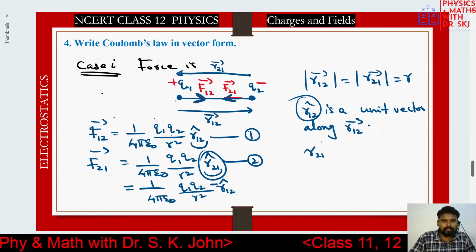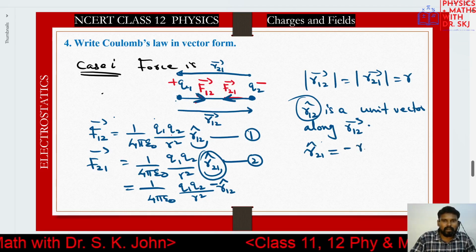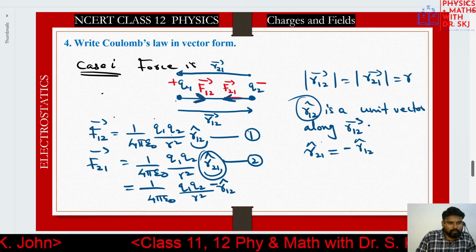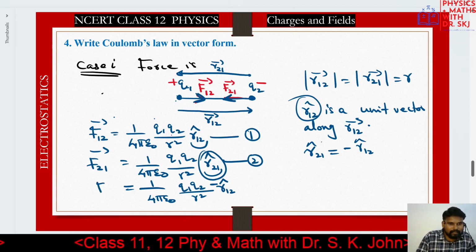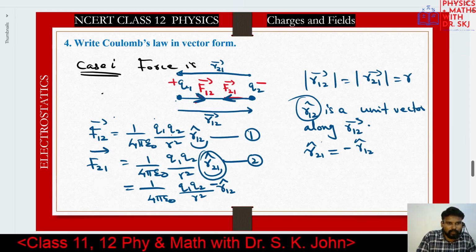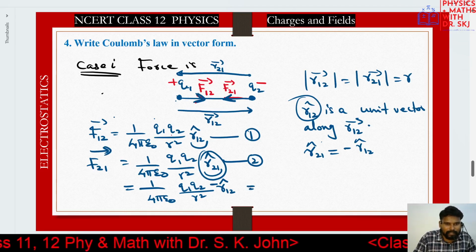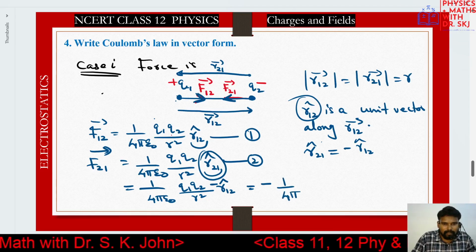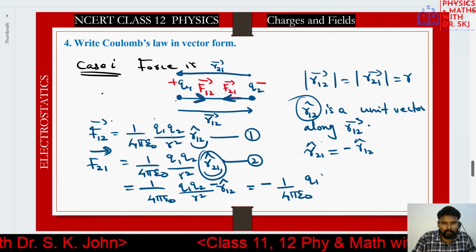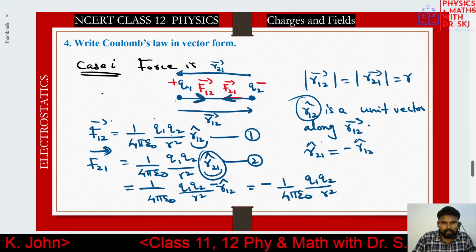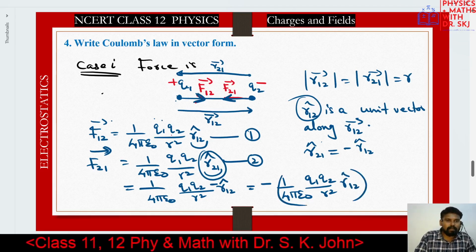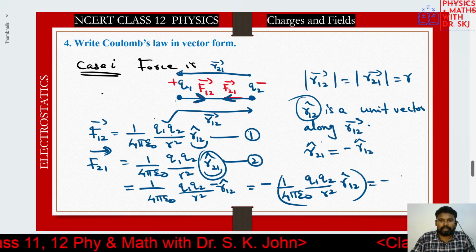So R21 cap is minus of R12 cap. What did we get? F21 vector is equal to, if you take the minus sign outside, the remaining thing is 1 by 4 pi epsilon 0 Q1 Q2 by R square into R12 cap. What is this quantity? This is nothing but F12. So minus of F12.